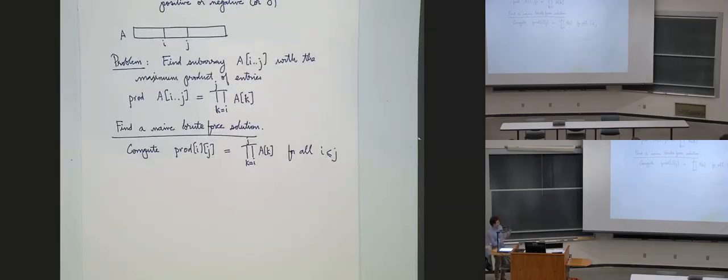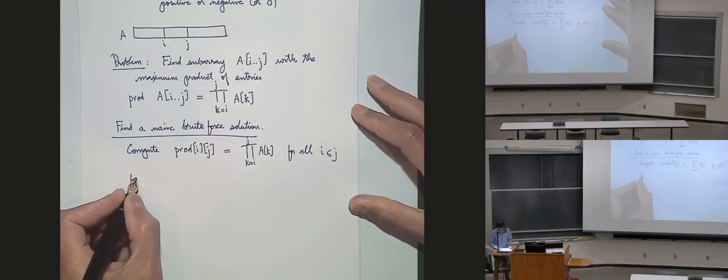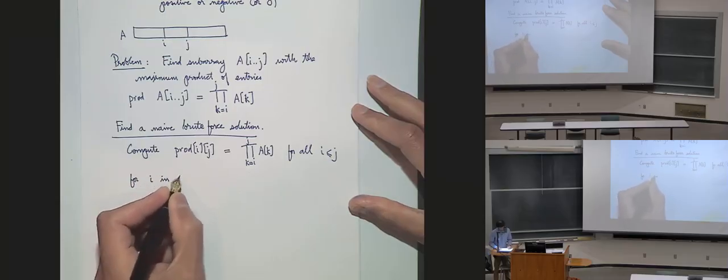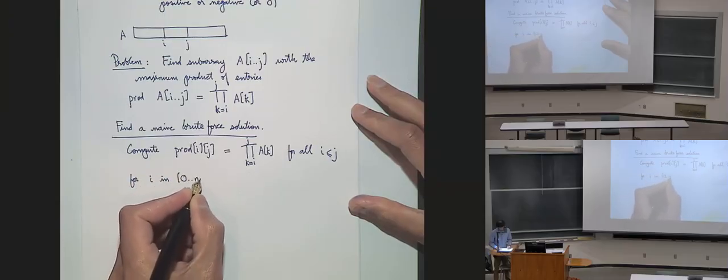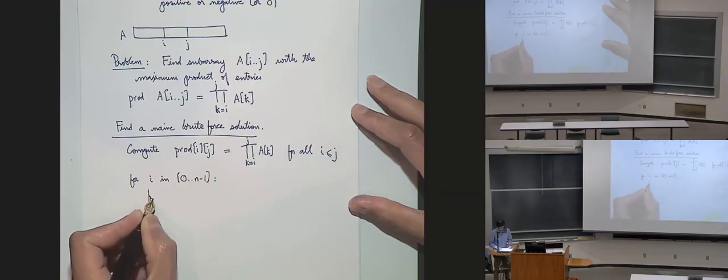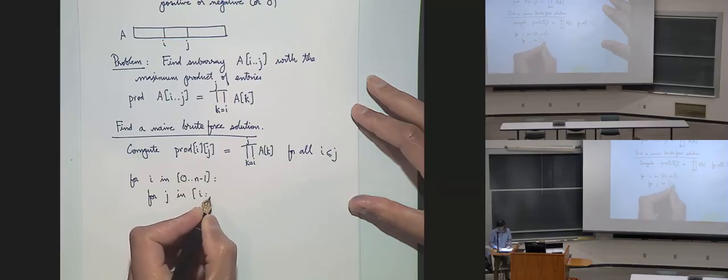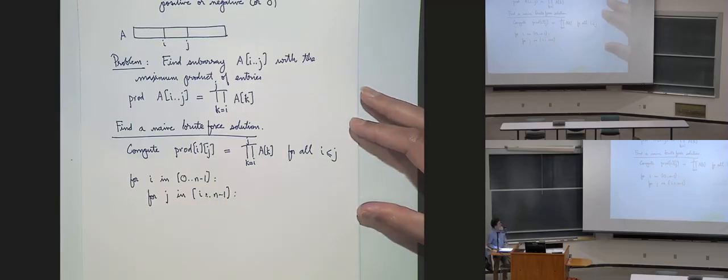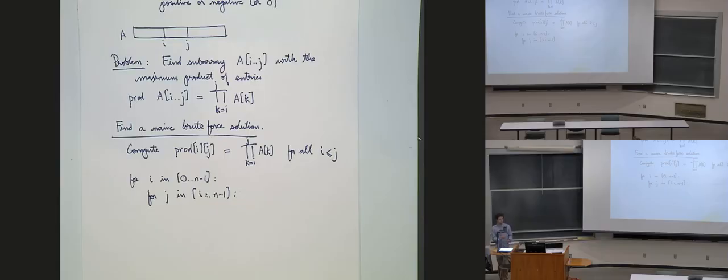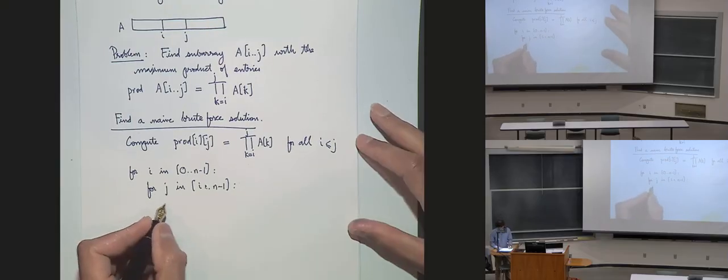So I might be off by ones just to make it look easier. So, for i going from 0 to n minus 1, for j going from i to n minus 1, we can basically compute what the product is.